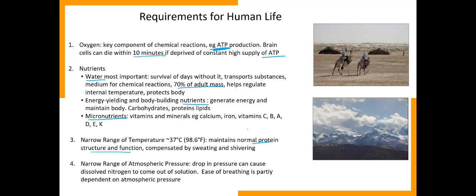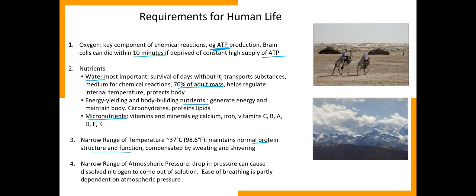If our body temperature drops too low, below 37 degrees, then we start shivering in order to try to get core body temperature up. If it increases too much above 37 degrees Celsius, then we start sweating in order to try to cool the body temperature down.